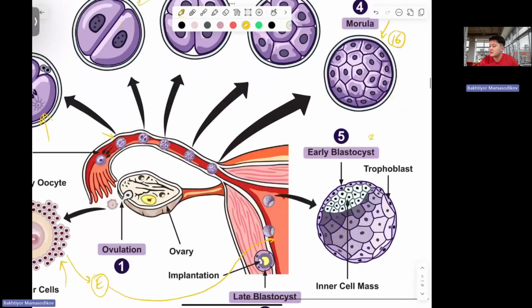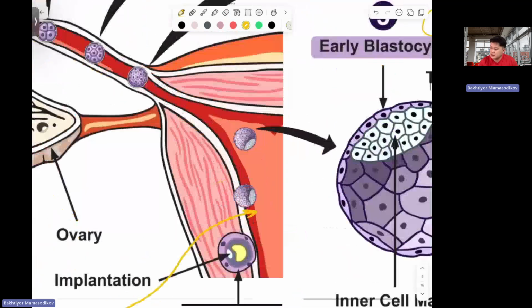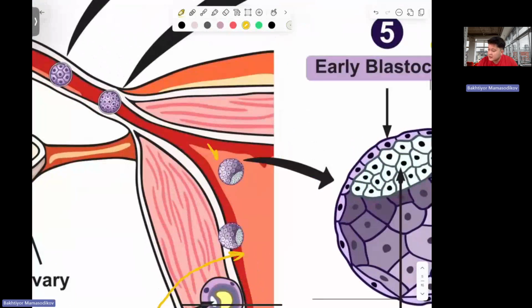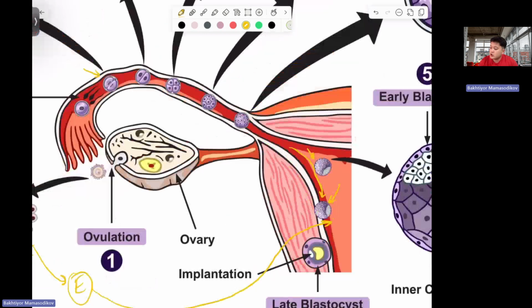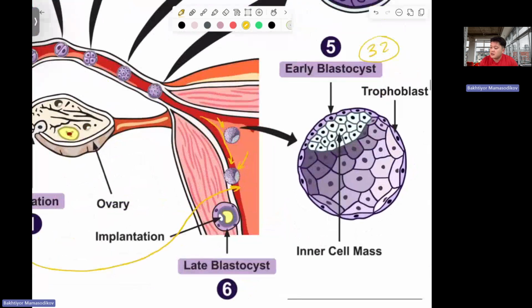Then they form the blastocyst, which is the 32-cell stage. This blastocyst travels through the fallopian tube to the uterus and implants. If the question asks what is implanted in the uterus, you should say blastocyst.